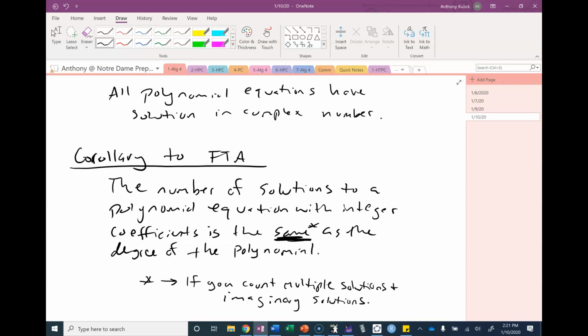Because I see 3 solutions there. If I have a degree 5 polynomial and I see 3 x-intercepts, it's possible that I could have imaginary solutions there. It could also be possible I have a duplicate, a solution that's used more than once. But that's the idea.